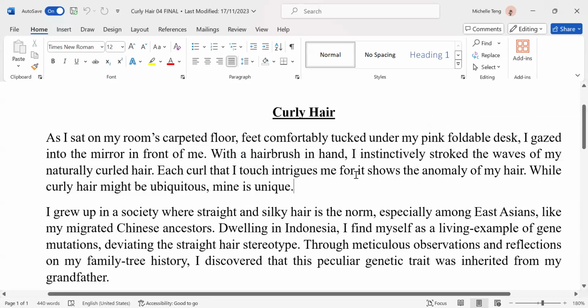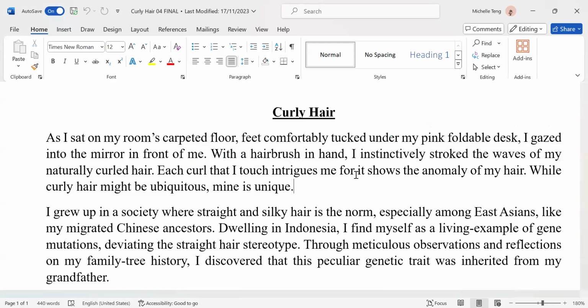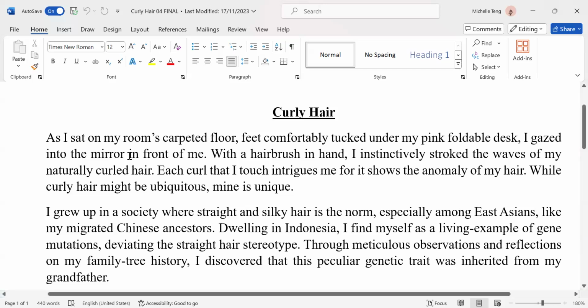"And then each curl that I touch intrigues me, for it shows the anomaly of my hair." I'm going to go through it more thoroughly next week. Right here, this is one complete sentence.